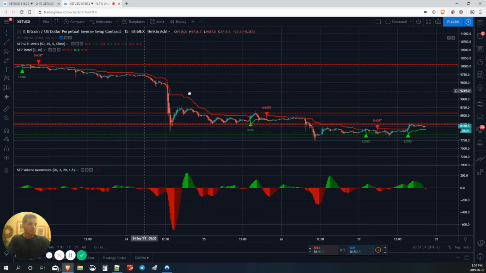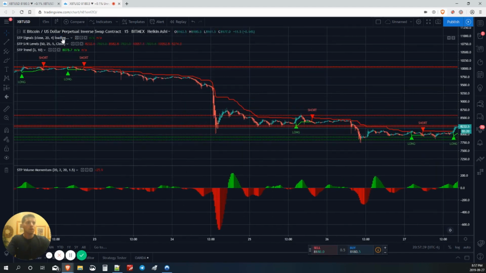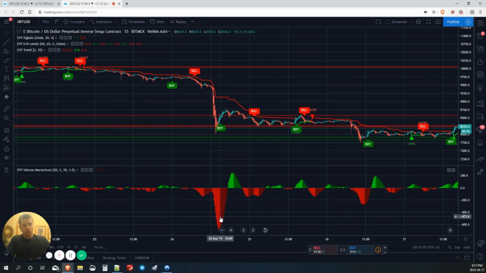So we'll go back to it. We'll put signals back on the charts. We've gone over the volume momentum indicator and how it's helpful with the fade, and you're able to enter on longs or shorts based on decreasing volume. We've gone over the support and resistance on the chart, and you can see how it plays out, with thicker lines for heavier support and resistance, and thinner lines for lesser support and resistance.